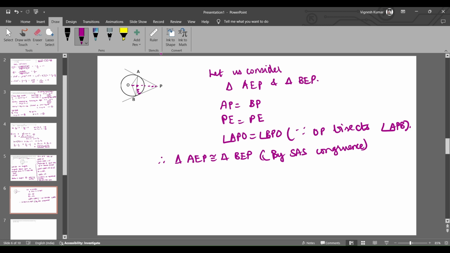So by SAS congruence, we can say that these two triangles are congruent. Since these two triangles are congruent, angle AEP is equal to angle BEP, which will be equal to 90 degree, and AE is equal to BE, since they are the corresponding sides of these triangles. Now AB is 6 cm, so AE is equal to BE, which is 3 cm.